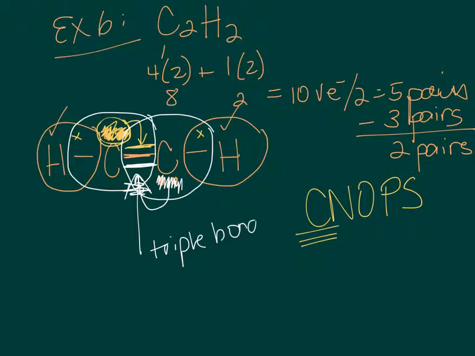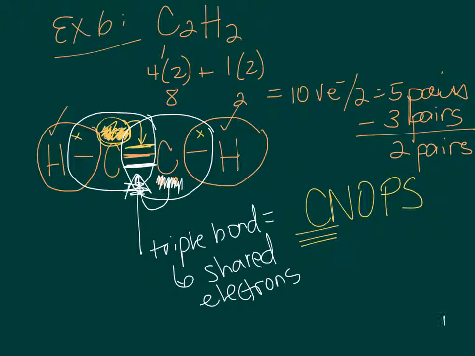How many electrons are in there? 6 shared electrons. And so it would look like this when it's all cleaned up. H, single bonded to carbon, triple bonded to carbon, single bonded to H.